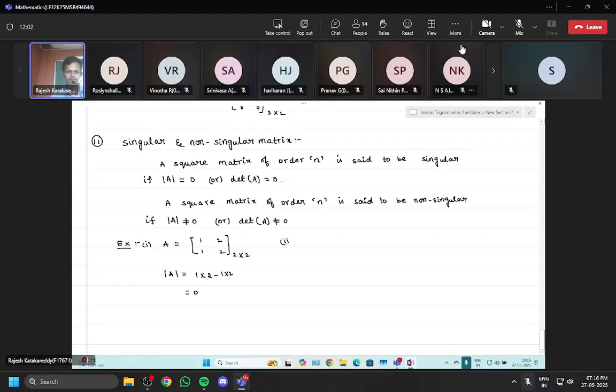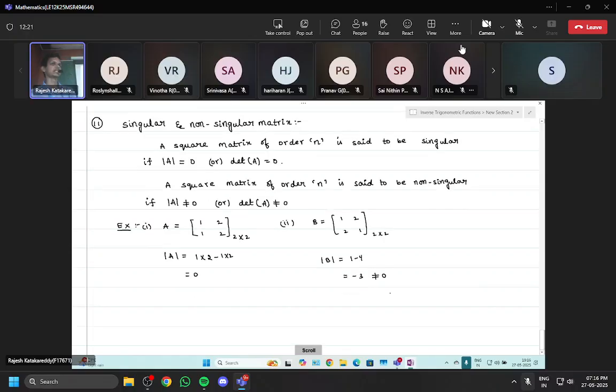You can take B equal to 1, 2, 2, 2, a 2 by 2 matrix. Determinant of B is 1 into 2 minus 2 into 2, which is 2 minus 4, not equal to 0. B is an example of a non-singular matrix.